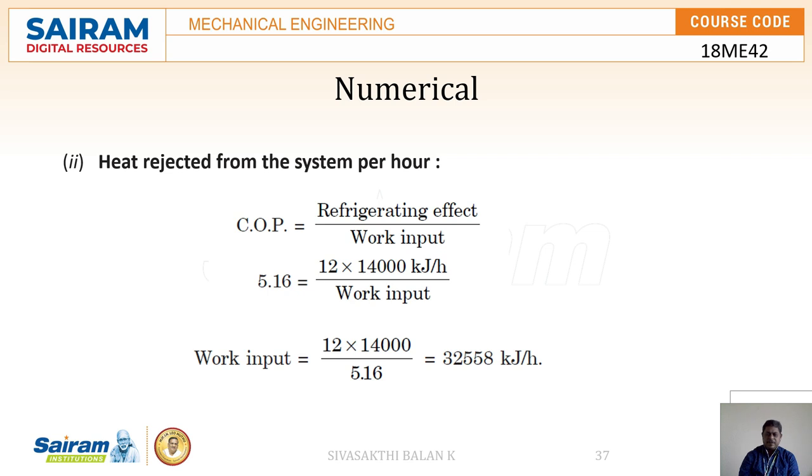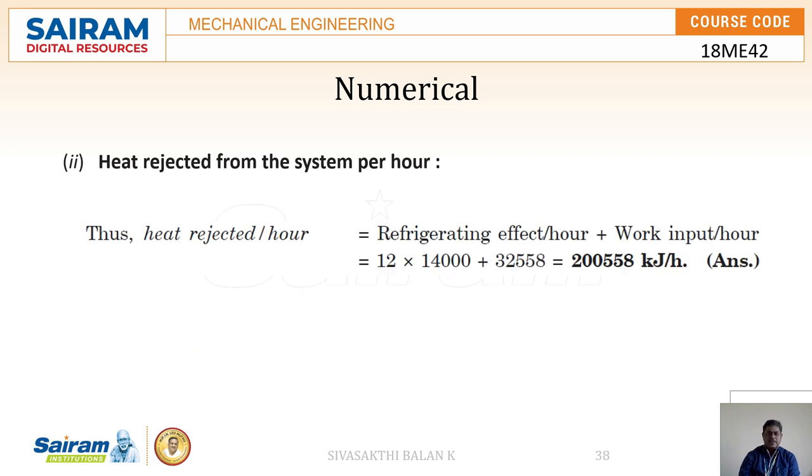Convert that into kilojoules per hour by multiplying by 14,000, because 1 ton of refrigeration is equal to 14,000 kilojoules per hour. The work input is unknown, so we can easily calculate it from this equation. Work input is 32,558 kilojoules per hour.